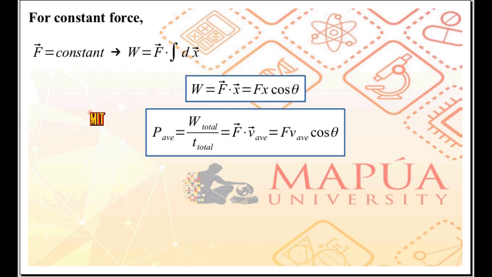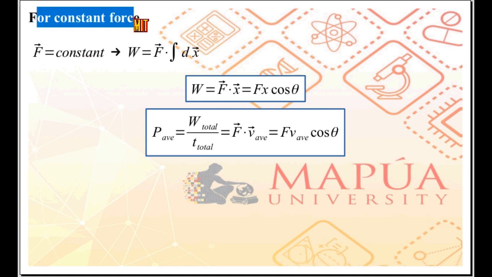Now, force may be constant or it may be non-constant. For constant force, in our equation for work done, the integral of F dotted with dx, if the force is constant, the force is taken out of the integration. We are only integrating dx. The integral of dx will give you x.